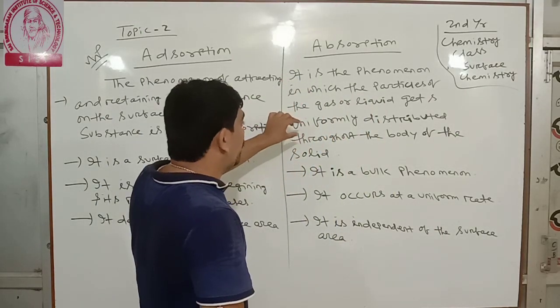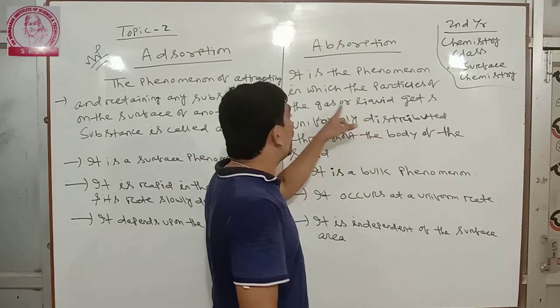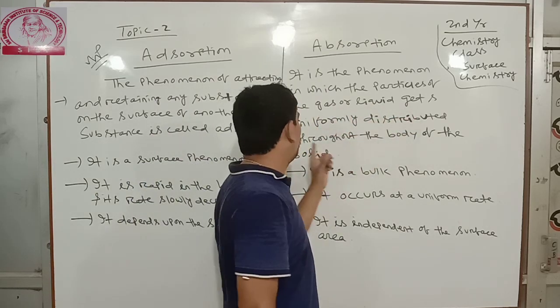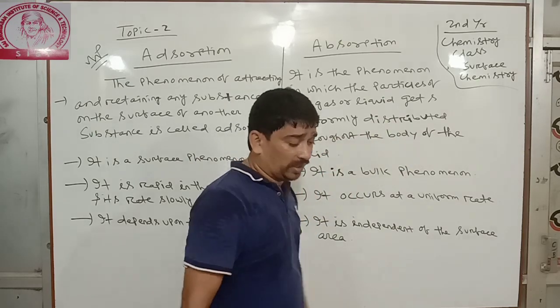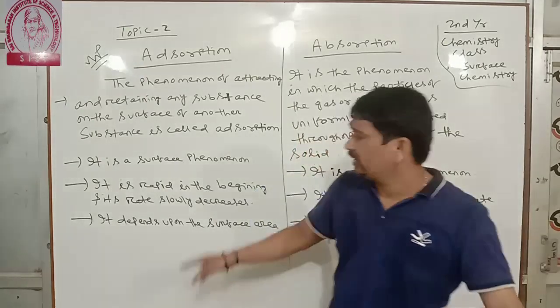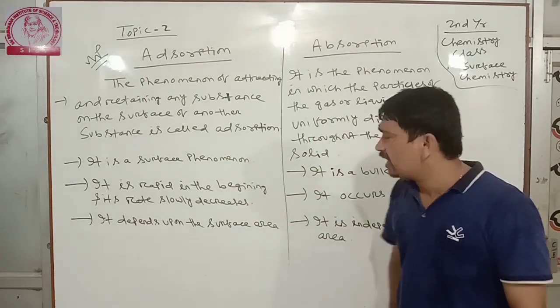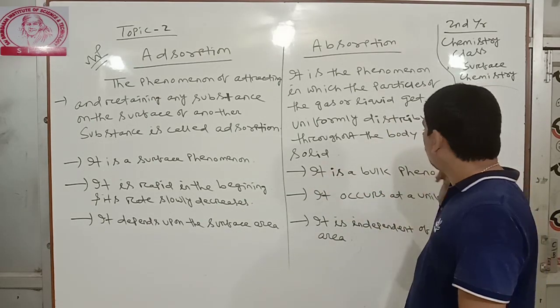So absorption is where a gas or liquid gets uniformly distributed throughout the body of the solid. Adsorption is a surface phenomenon, whereas absorption is a bulk phenomenon.